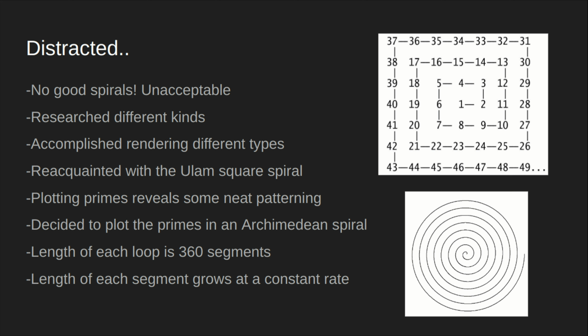Essentially, it's a circle where every little line segment is just a little bit longer than the previous one, and so it illustrates a type of increasing relative velocity, which is why the spaces between each ring are concentric, essentially. The loop of each spiral is 360 line segments.